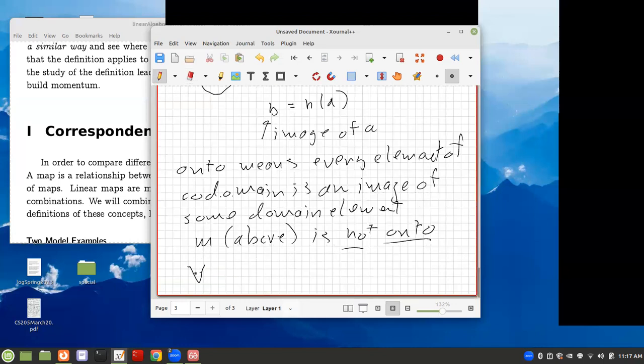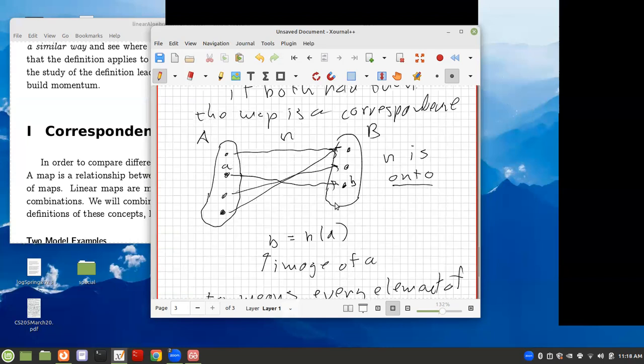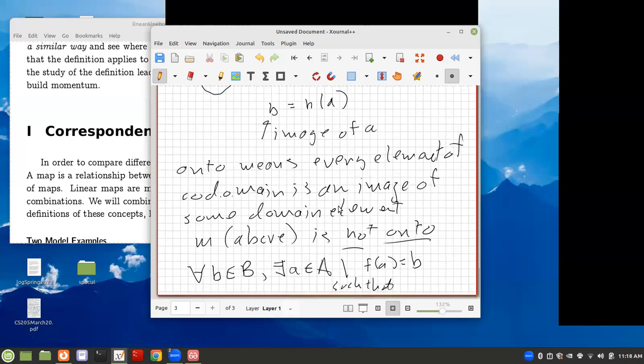We want for every element of the codomain, there exists an A, member of the domain, such that f of A equals B. So for every B, this is just saying these words: in the domain, some element A points to it in an arrow diagram. Okay, so that deals with onto, where every element of the codomain has an arrow pointing to it.